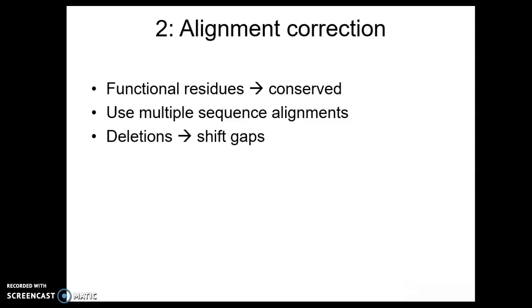What we can do here is use multiple sequence alignments and do the alignment correction. So we can compare it with multiple sequences and align it and finally develop the correction. If there are deletions, we can shift and make gaps, accommodate for gaps, and this is the basis for alignment correction.